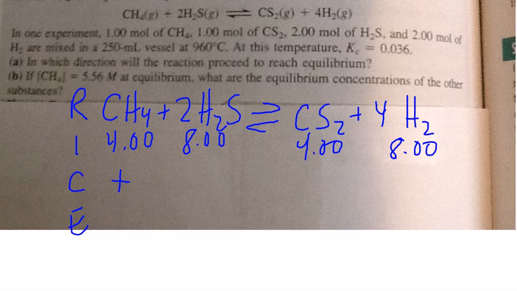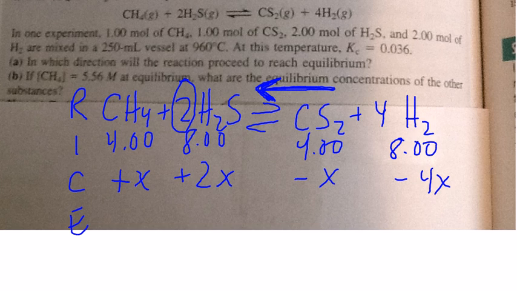So we're going to say that, because we're shifting to the left, this side is going to get bigger, and the products side is going to get smaller. So instead of subtracting on the left, we're going to add it to the left. So this is going to get bigger by x. This is going to get bigger by 2x, because this is a 2 here. This is going to decrease by x, and this is going to decrease by 4x.